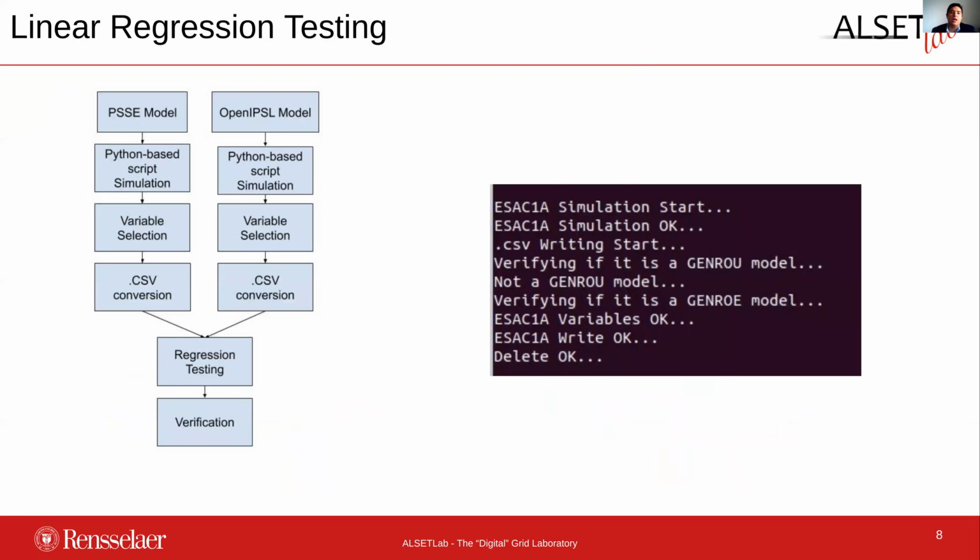In order for us to do that, we take both the PSS/E model and the OpenIPSL model, then we simulate them through Python. We select certain key variables that we want to test. We convert them into CSV. Then we perform linear regression testing, and then we can see whether it has been verified or not.